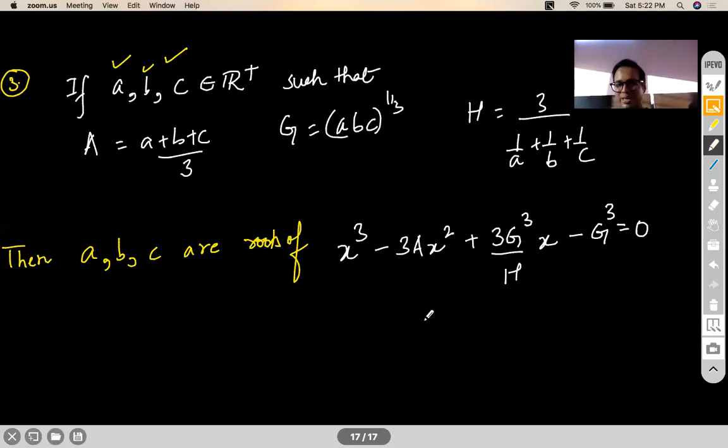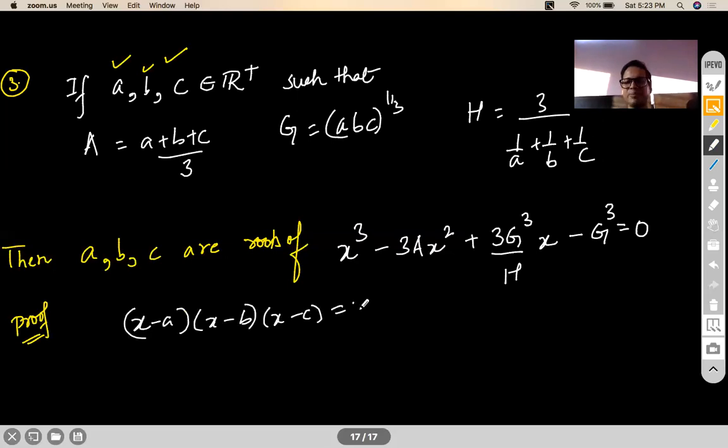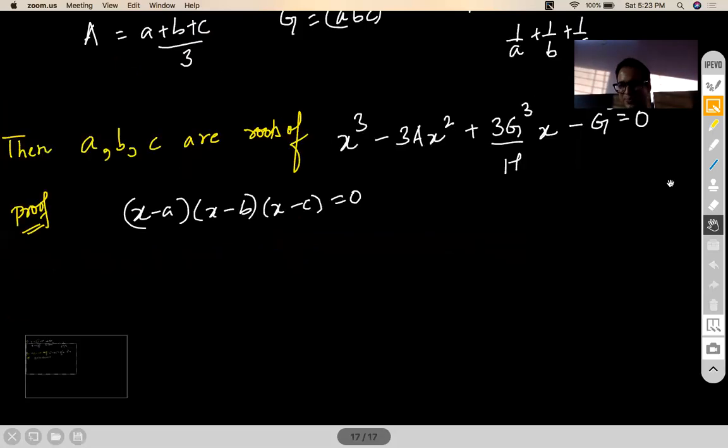Now, do you have to remember it? Not necessarily. If you can figure it out in the exam also, if at all a question comes related to it, I don't think it will take you much time. So let us derive it. See, if you have an equation whose roots are a, b, c, the cubic equation whose roots are a, b, c would look like this, correct?